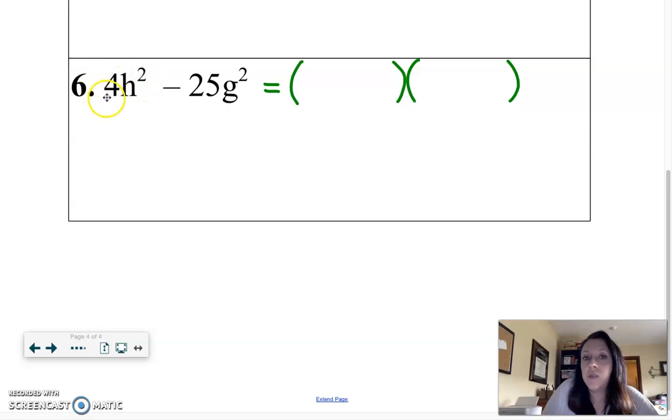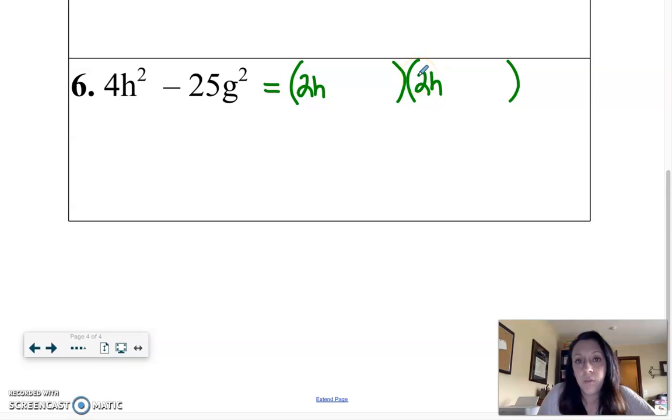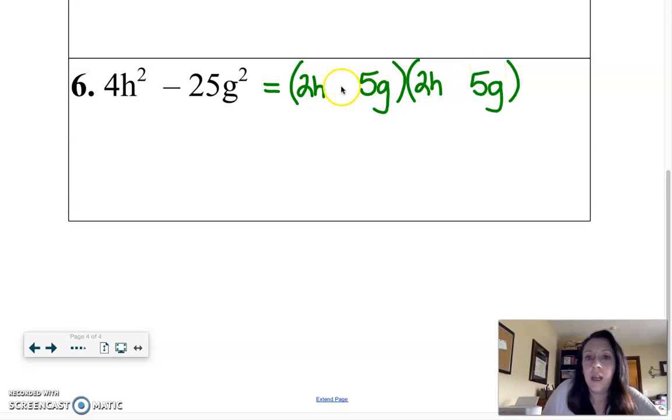What times what is 4h squared? 2h and 2h. What times what would equal 25g squared? So 5 times 5 for 25, and g times g, so I need a 5g, 5g. And I need 1 plus 1 minus. By the way, it doesn't matter which goes first, plus or minus.